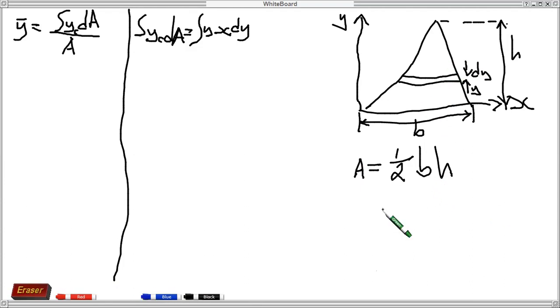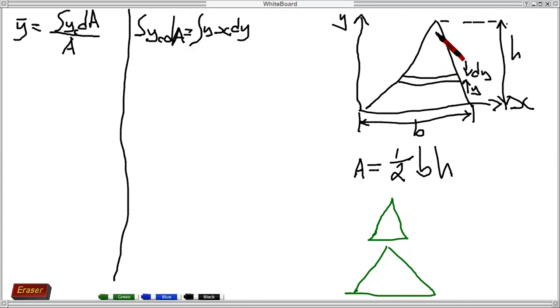If you look at this triangle, there's a small upper triangle, and then again there's the bigger triangle. This small upper portion, and then you have the big one, the entire triangle itself.